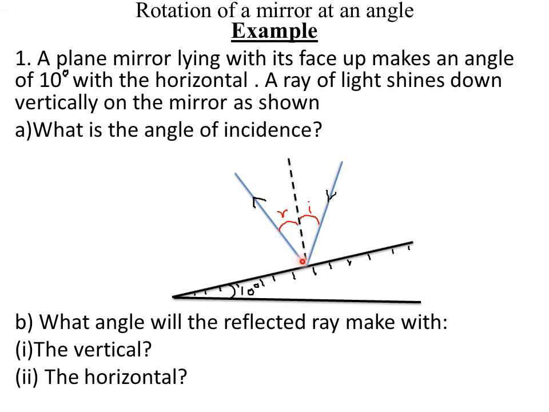So if I extend this reflected ray downwards to meet the horizontal, remember, on the horizontal we already have an angle of 10. Then this is the vertical, this is the normal, meaning the angle between the normal and this mirror is 90 degrees. Remember, the normal is always perpendicular to the reflecting surface.